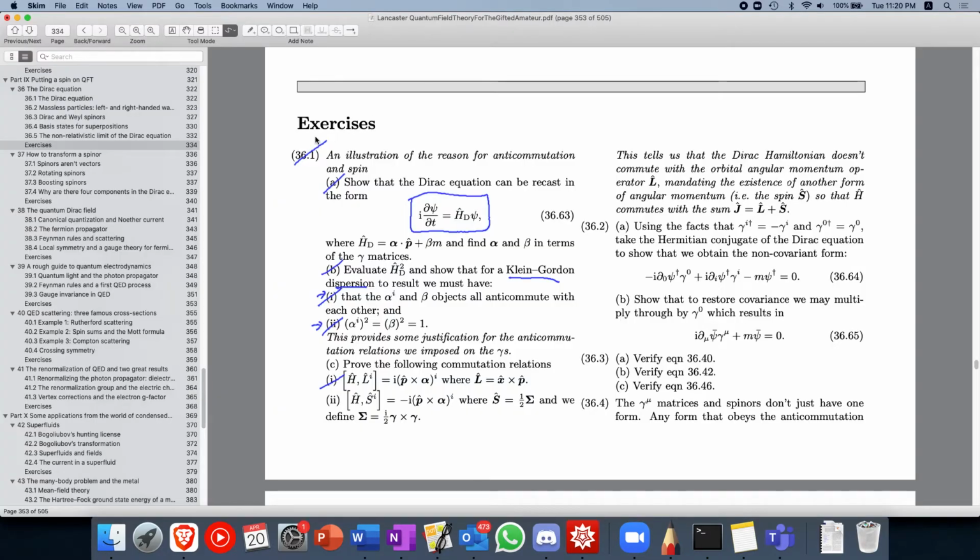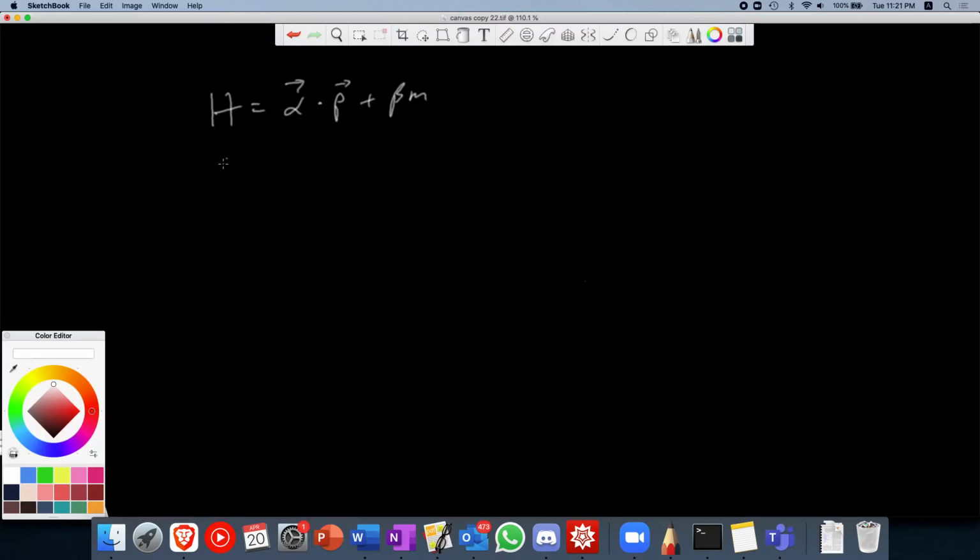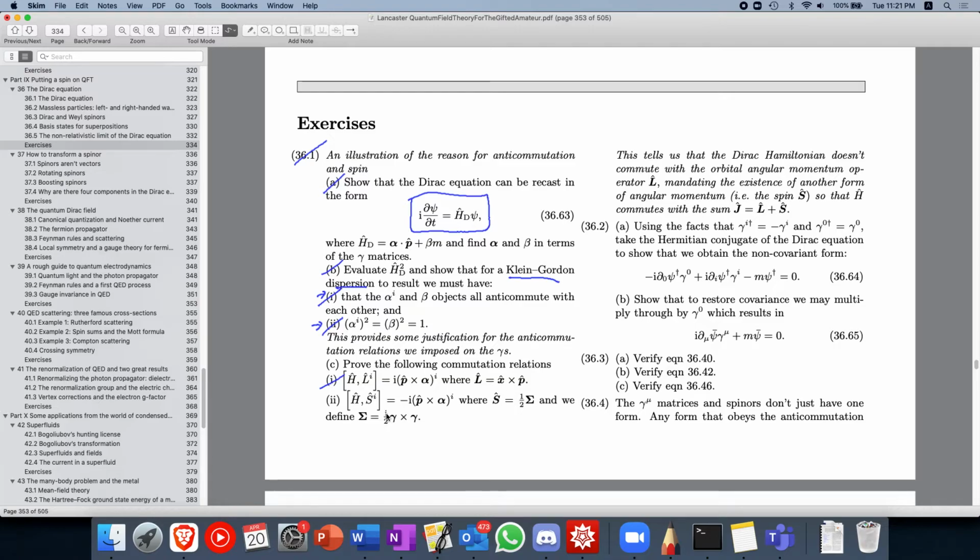Once again we have H. I just write the definition for easy reference, and then we have the S operator, the spin operator. The spin operator is a matrix. Do note that the Hamiltonian is a matrix and operator, and this spin operator is simply half of this summation symbol, this sigma symbol, which is gamma cross gamma.